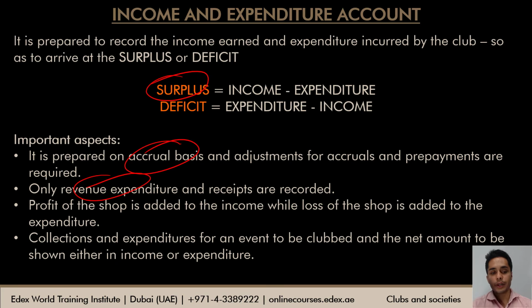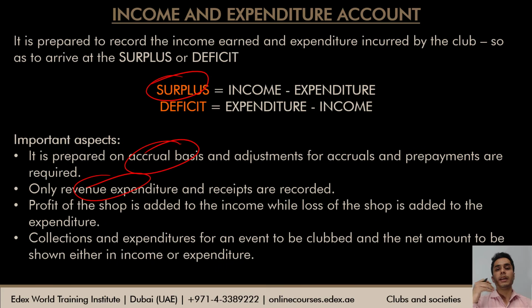Another very important point to be kept in mind is that at times in questions you might find that there are collections and payments for a specific event. Like in our previous receipt and payment account, you would see that there were collections and prices spent for a specific event. When such a situation is there, you need to net out the amounts and write it in the income and expenditure account. Now, what do I mean by that?